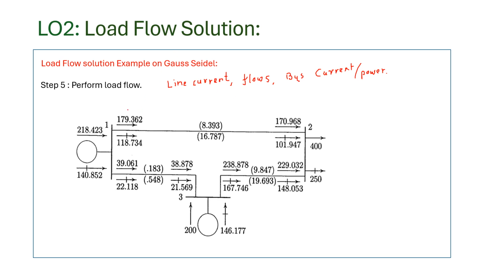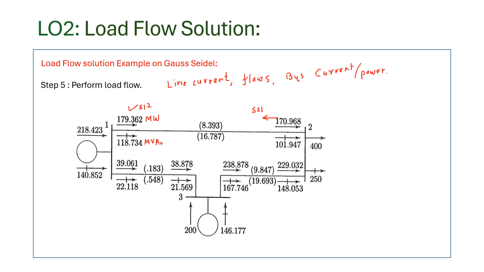Here it is shown the line flow, that is S12, the line flow from bus 1 to 2, it is 179.362 megawatt, and the reactive power flow is 118.734 MVAR. Similarly, the line flow from 2 to 1, that is S21, is 170.968 megawatt and 101.947 MVAR.